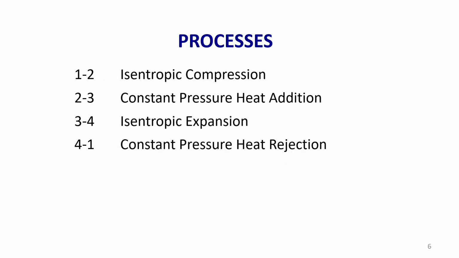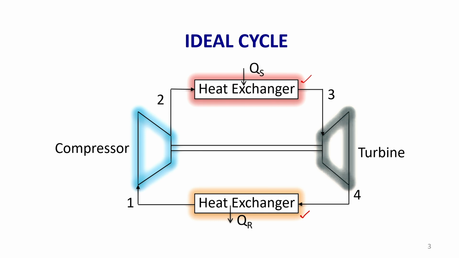See, if you look at this diagram, the net work done is heat supplied minus heat rejected, because this is an ideal cycle. In the actual cycle, the net work done is turbine work minus compressor work.